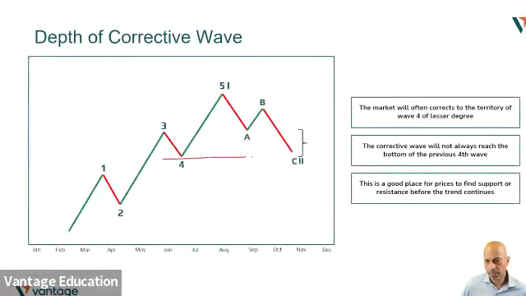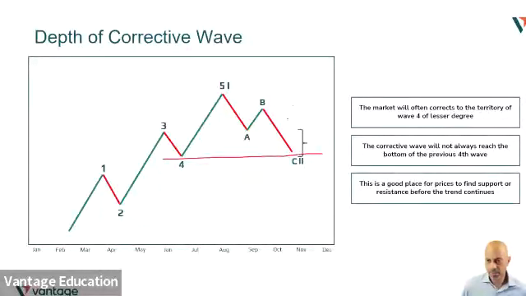So typically we are looking for wave C to pull back close to where wave 4 ended, right? It doesn't mean it's always going to come down to this level. It could be a little bit higher than that, but as a general rule of thumb, it's good to use where wave 4 ended to give you a pretty decent indication of where wave C could potentially end.